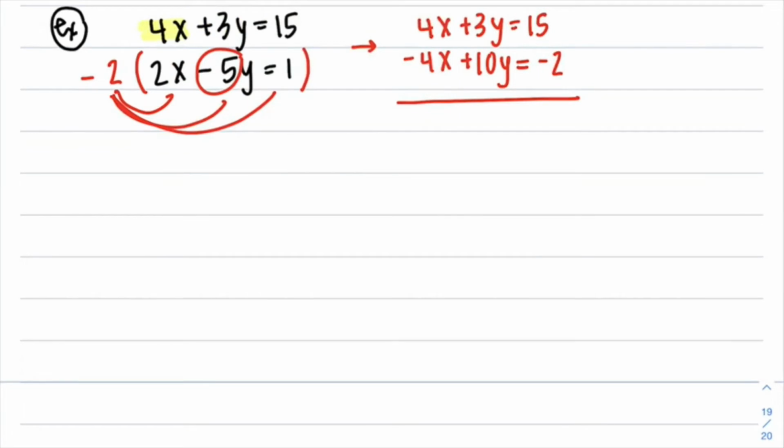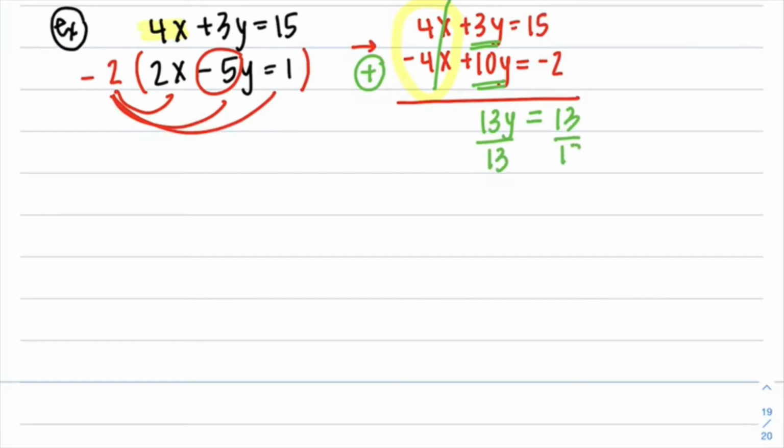All right, now you'll notice again here, 4x and negative 4x are going to cancel because they are opposite in sign. Remember, you have a big adding problem. So we have 3y plus 10y, so 13y, is equal to 15 plus negative 2, so 13.